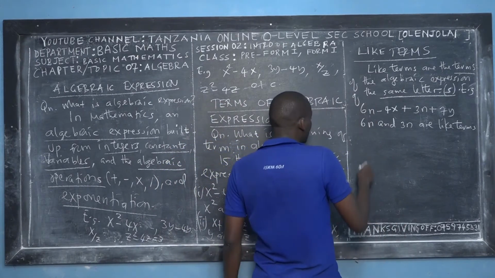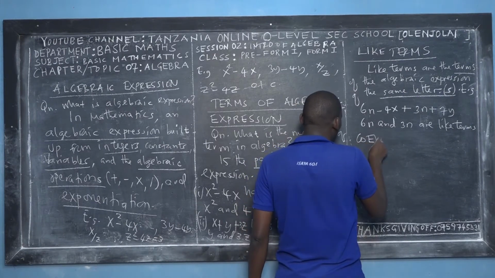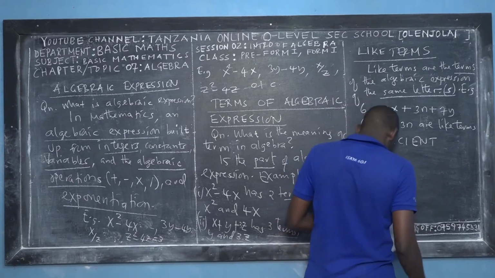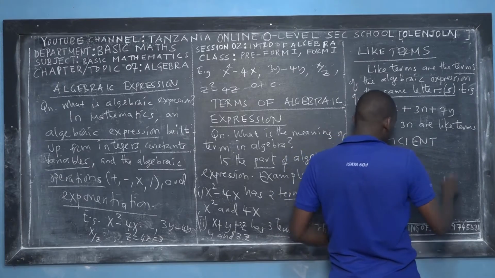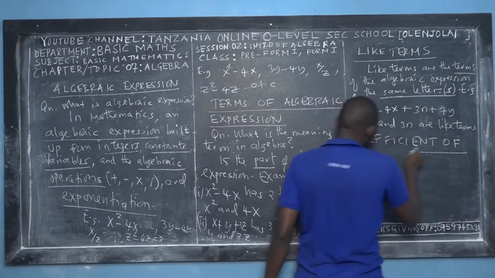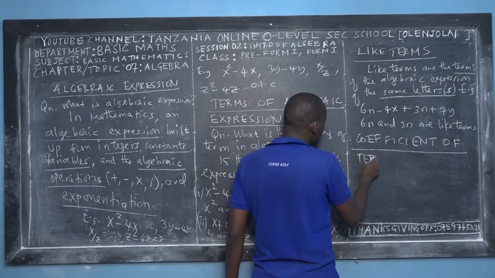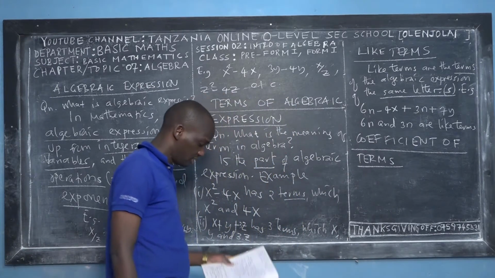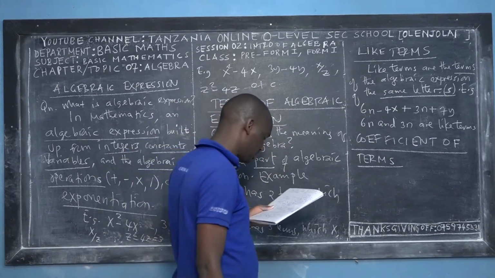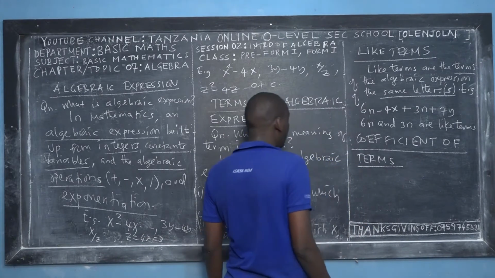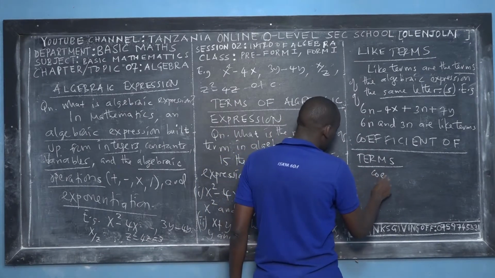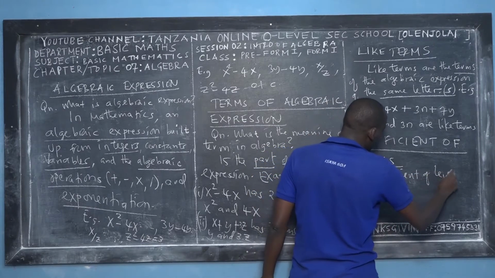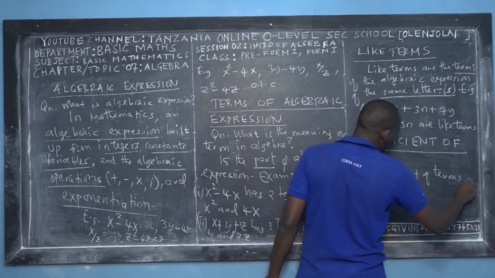Then another concept which is very important that you encounter in questions, we call it the coefficient, right? So these are the coefficients of terms. What is the meaning of coefficient of terms?